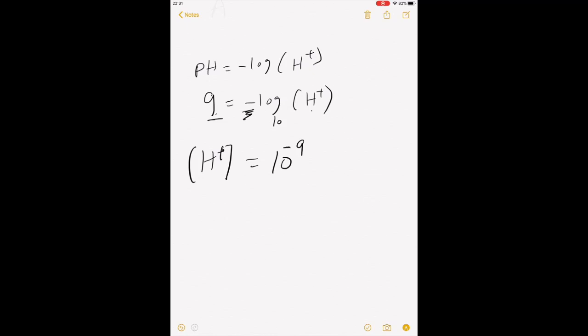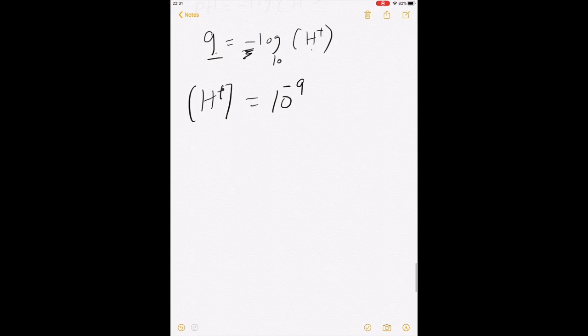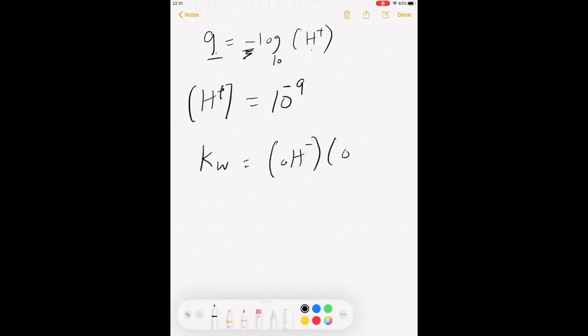Look at the constant Kw, hydrogen ions and hydroxyl ions multiplied, that will give you 10 to the power of minus 14.